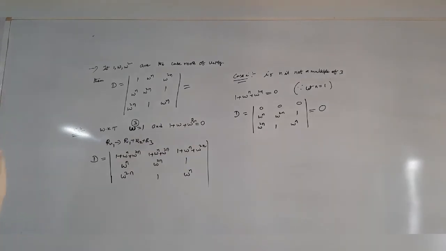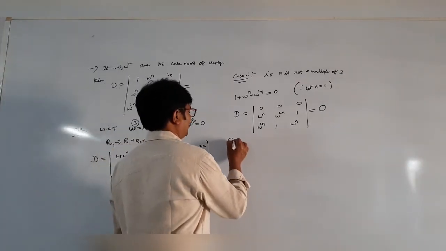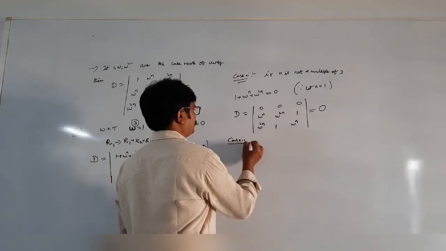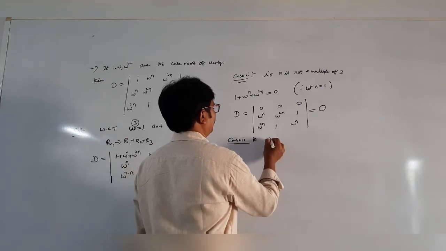Okay students, now we have to find case 2. What is case 2? N is a multiple of 3.